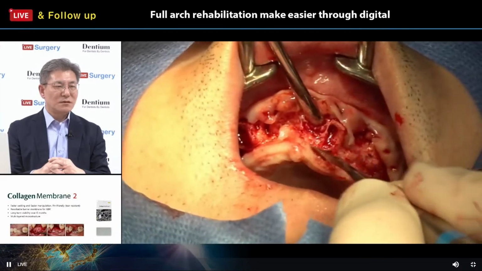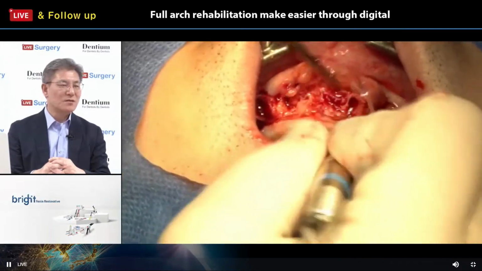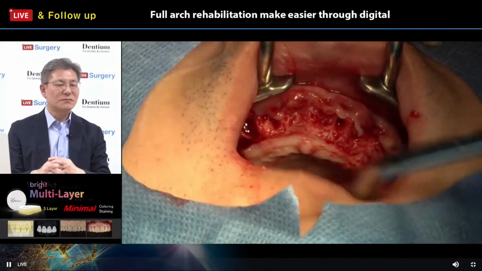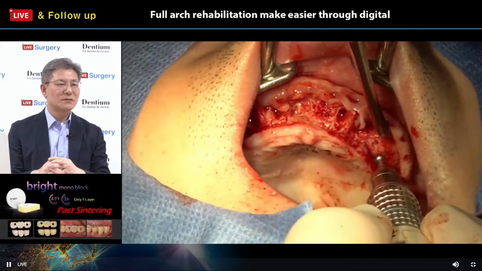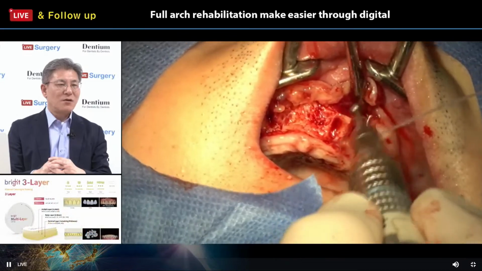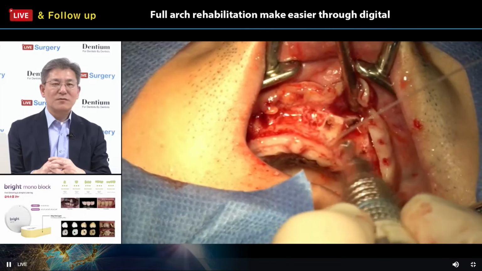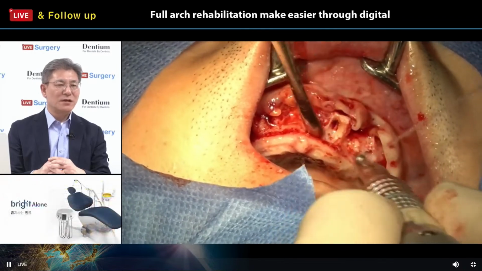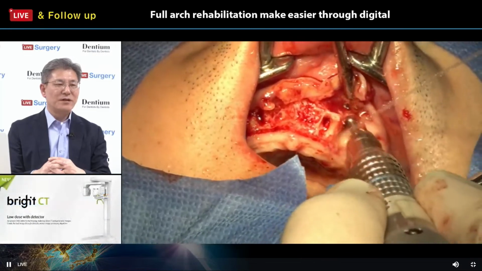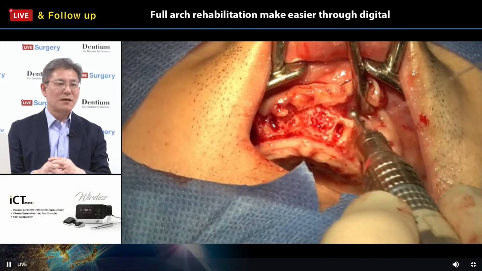A little bit of palatal flap reflection was performed. He is starting the alveoloplasty, removing some of the bone spicules and irregularities of the remnant bone area. This is very important for a good healing process.